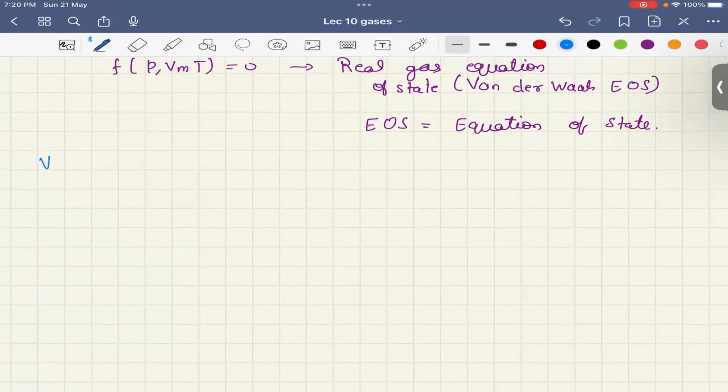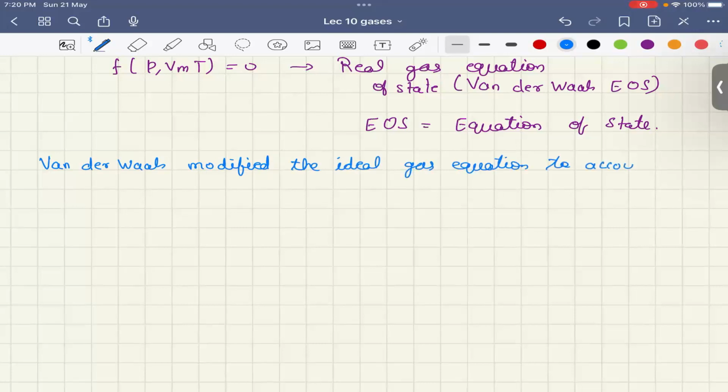Van der Waals modified the ideal gas equation to account for finite molecular volume and intermolecular forces.